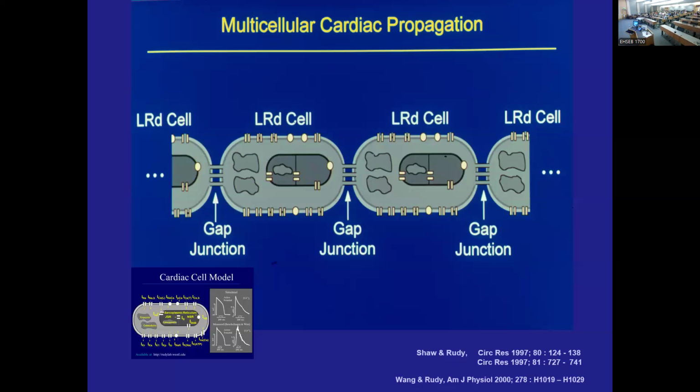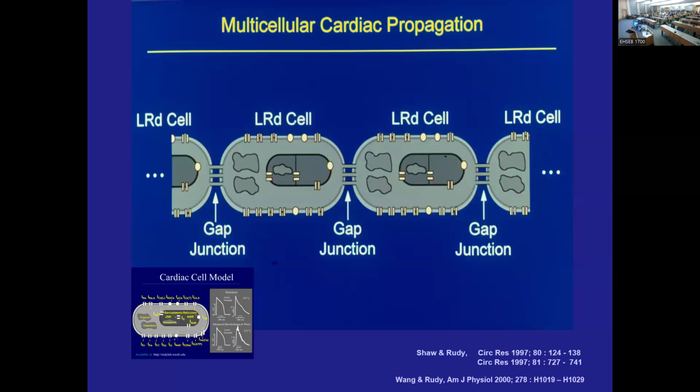So it includes the different ion channels and pumps and exchangers and the sarcoplasmic reticulum and calcium cycling, all of the details of the electrophysiology and calcium cycling that the cell exhibits. And it was a lot of work, and he did a fantastic job, really, Qingxin in the lab.